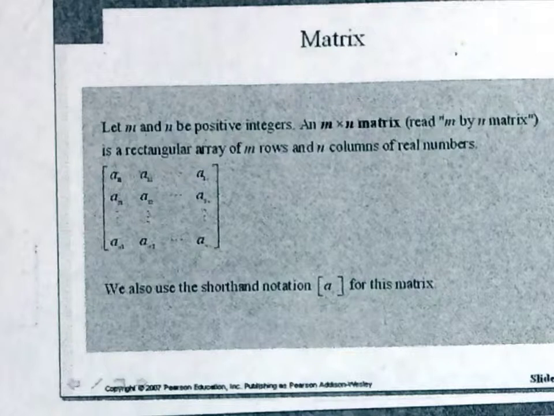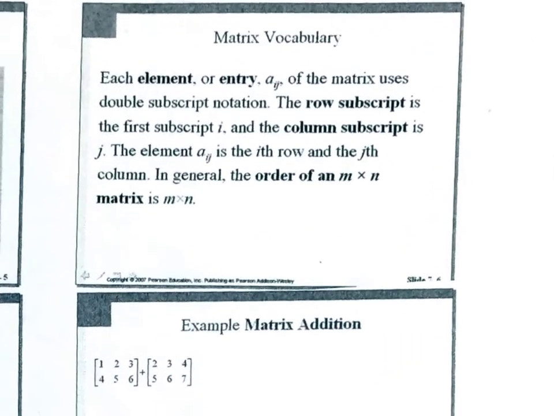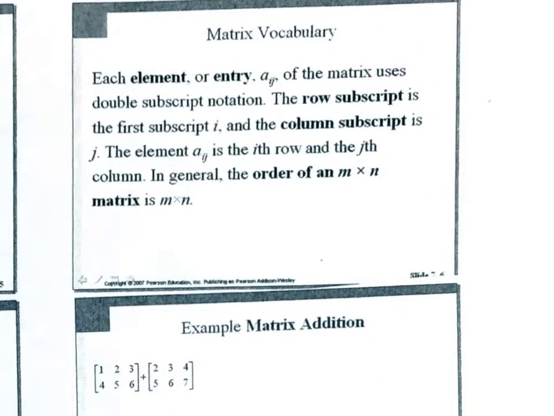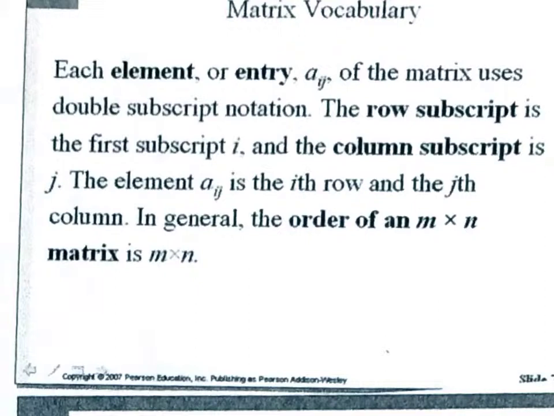Now we also use the shorthand notation as just that symbol A. That's matrix A for this matrix. Now, second part. The vocabulary. Each element or entry is considered as an A sub I sub J, which is the location of the entry.